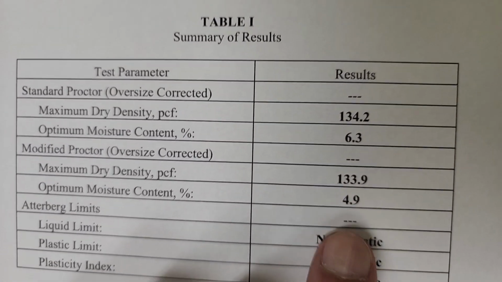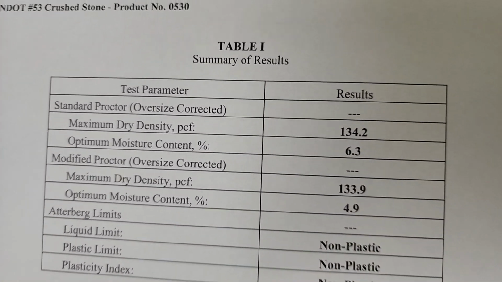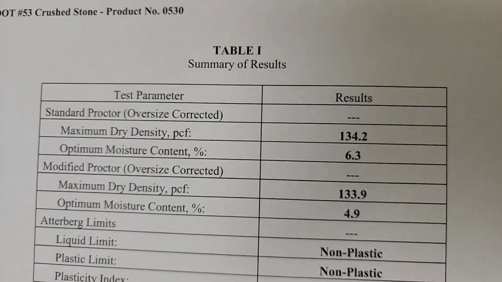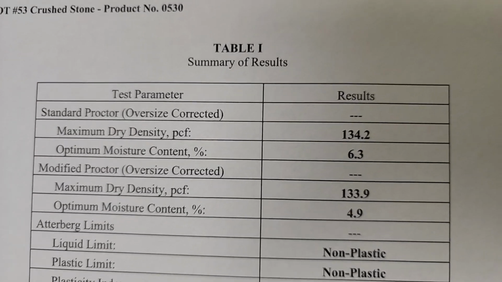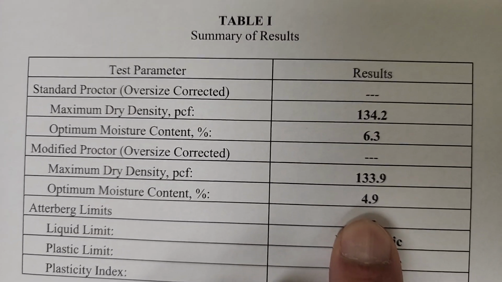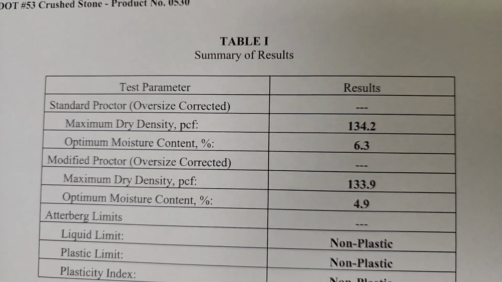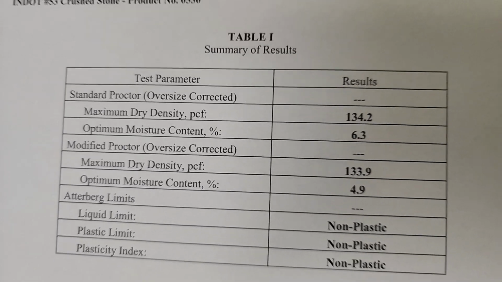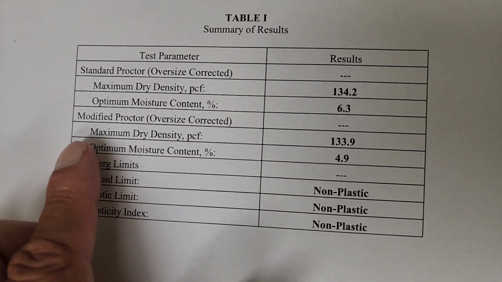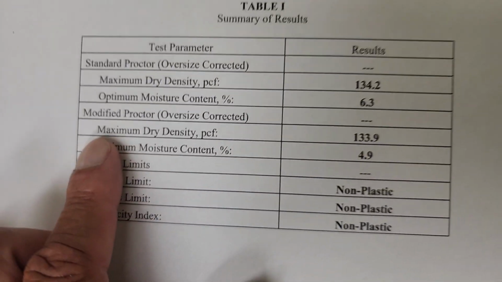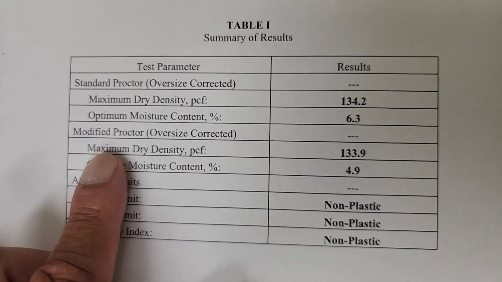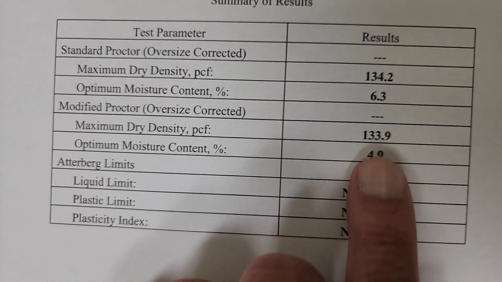And right here, we have 133.9. Now, when I do another video, I'm going to show you what the aggregate looks like. But what I'm doing is giving you some information on how the paperwork works. Getting back to the paperwork, it's your modified Proctor.